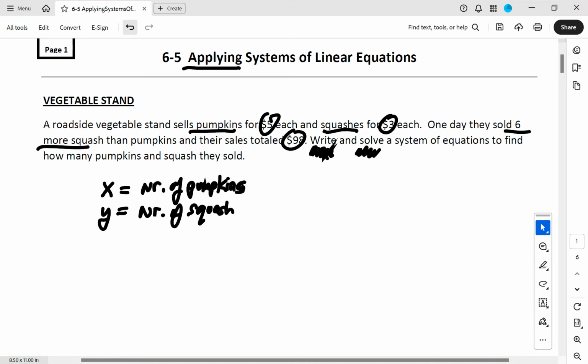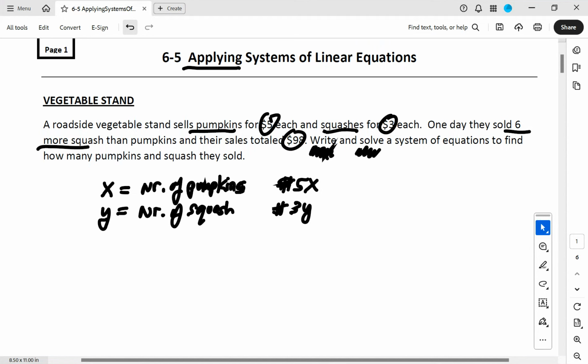And then each pumpkin was $5, so $5 times x is the amount of money you get for the pumpkins, and $3 times y is the amount of money you get for the squash.